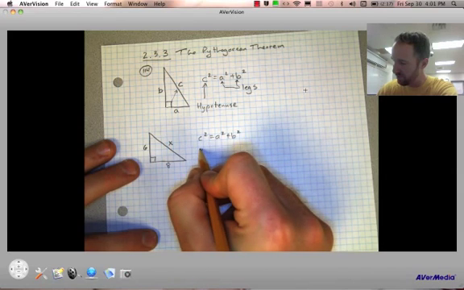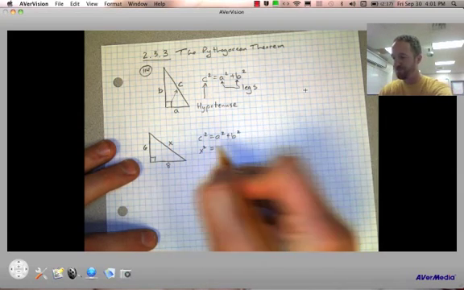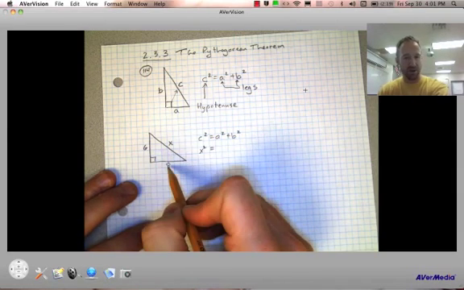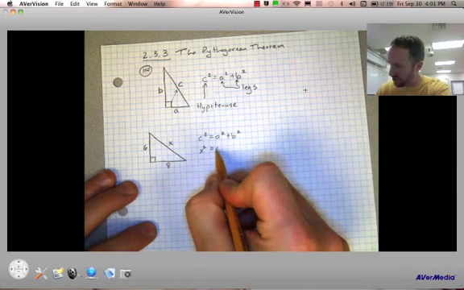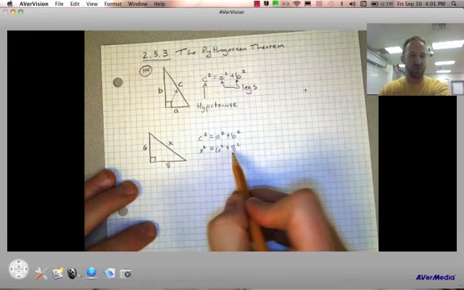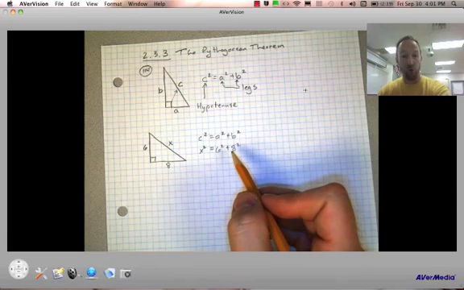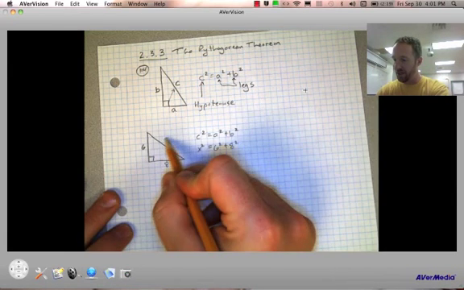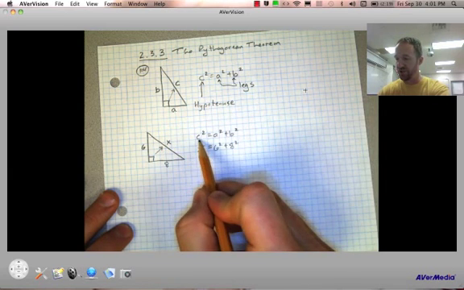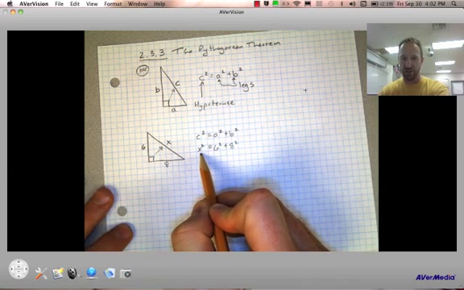So we'll put x in for c. The other two sides are a and b, 6 and 8. They're interchangeable. I could put 6 squared plus 8 squared, or I could put 8 squared plus 6 squared. Either way, you're going to get the same answer. The important part is that you put the hypotenuse, the side that's opposite the 90-degree angle, in here for c. If you do that, you're going to be okay.